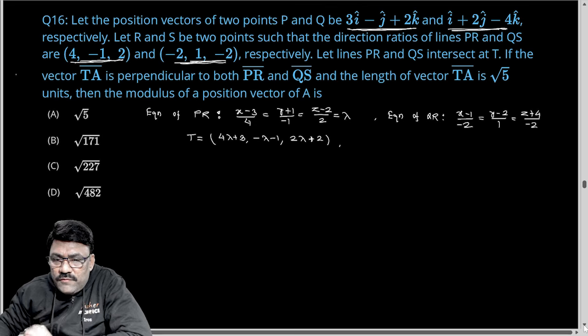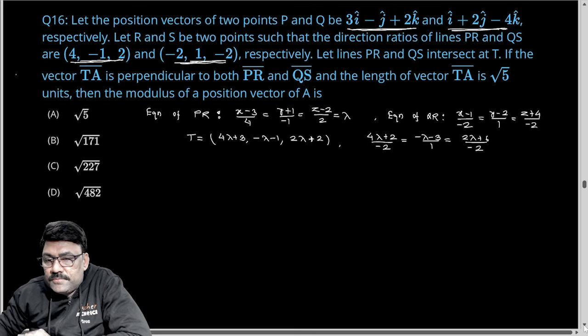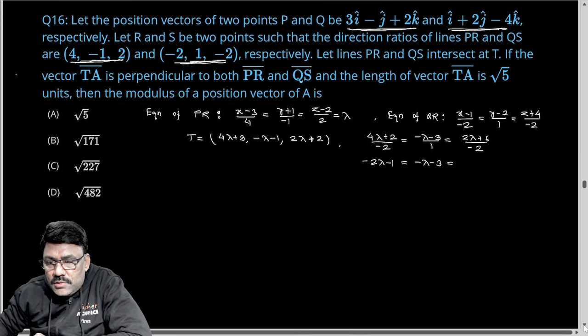If I put T here, it is 4 lambda plus 3 minus 1, which is 4 lambda plus 2, over minus 2. Then minus lambda minus 1 minus 2, so minus lambda minus 3, by 1. Then 2 lambda plus 2 plus 4, which is 2 lambda plus 6, by minus 2. So this gives you minus 2 lambda minus 1, minus lambda minus 3, minus lambda minus 3.